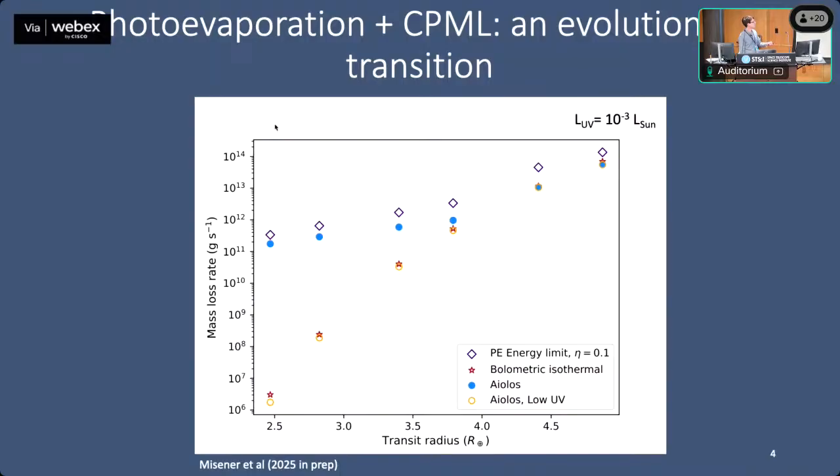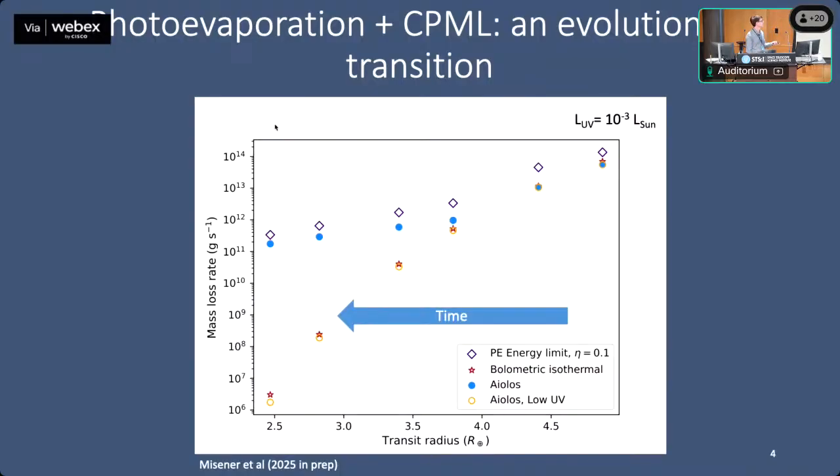And then there's this transition region in between where you're switching between the two. In this case, the UV is just barely penetrating the sonic radius, and it leads to an intermediate mass loss rate. So you can think of this as low efficiency photoevaporation or enhanced core-powered mass loss. It kind of depends which you like to call it.